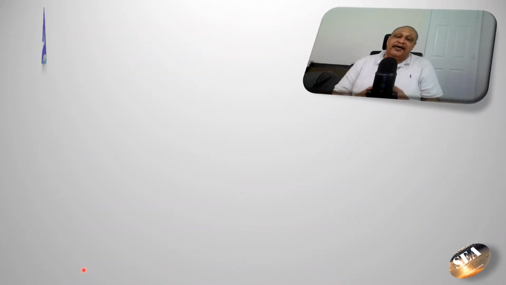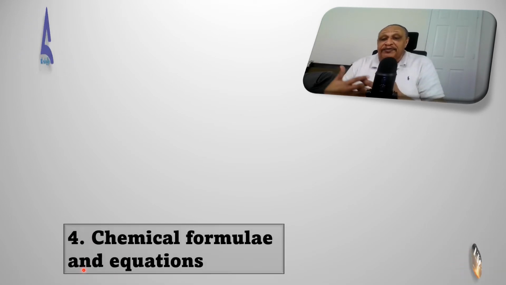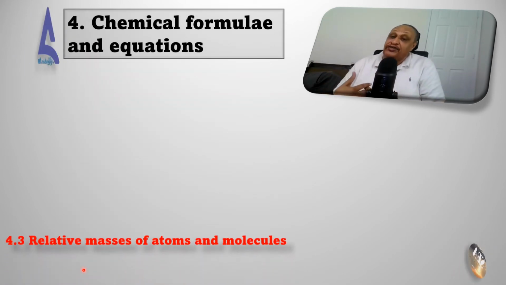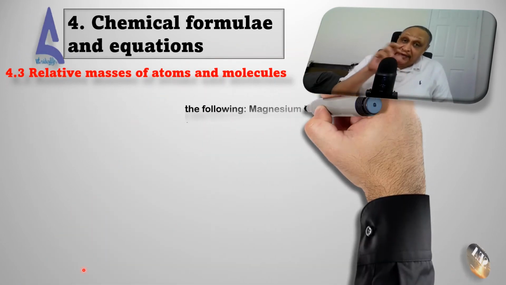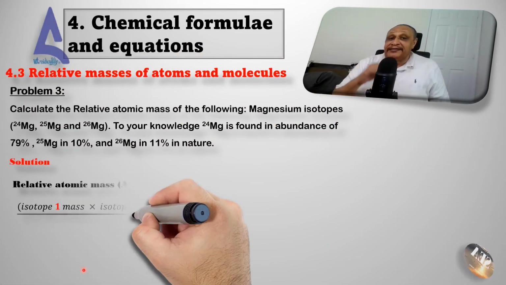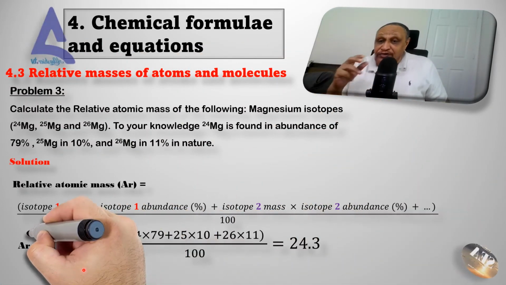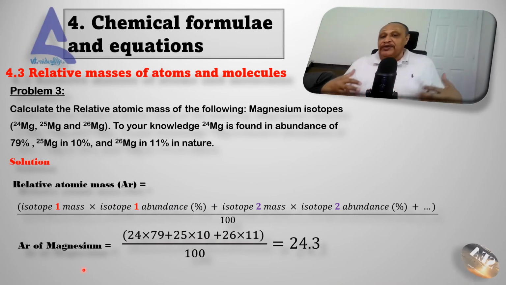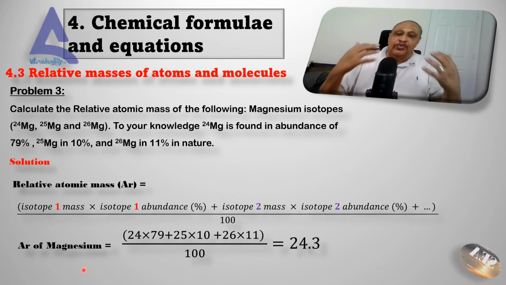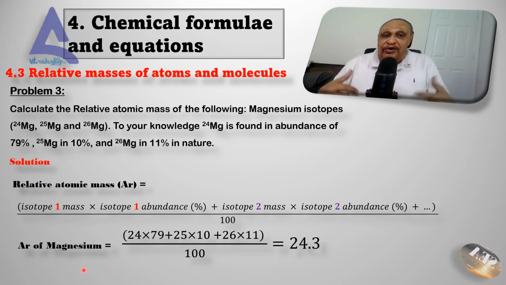Now here we are going to calculate the relative atomic mass of the magnesium isotopes. Put in mind that magnesium has 3 isotopes, not 2. So we are going to see how we can bring 3 onto the table.